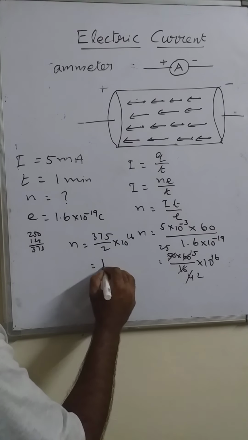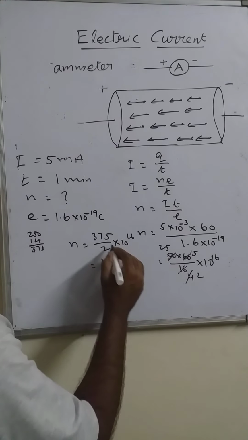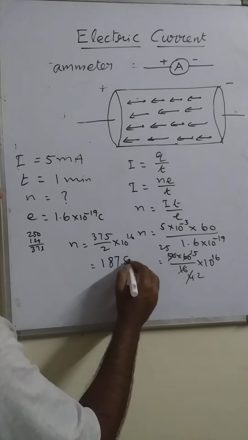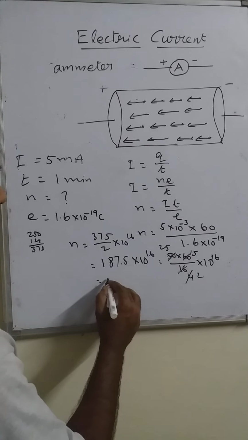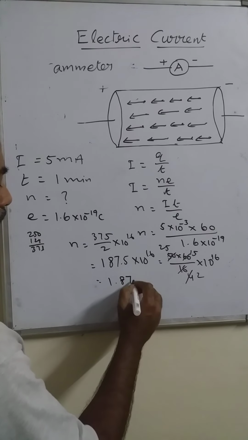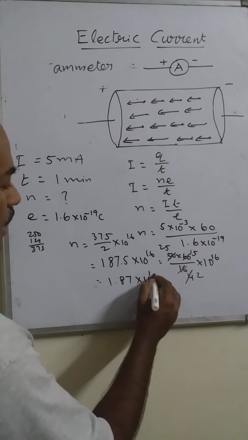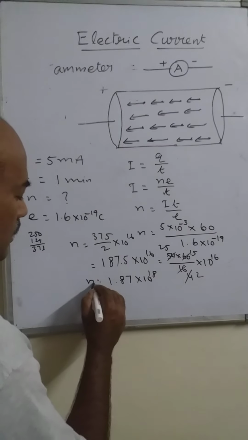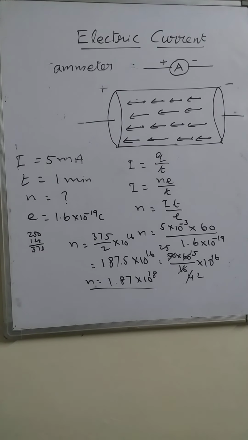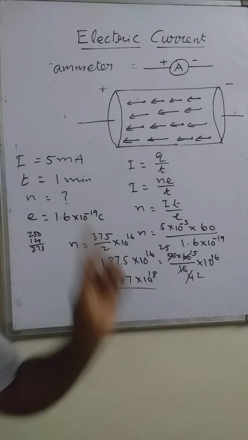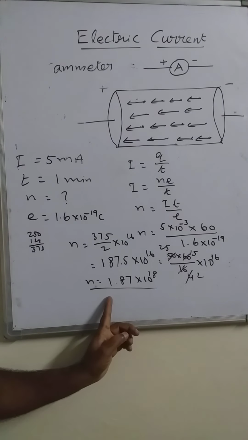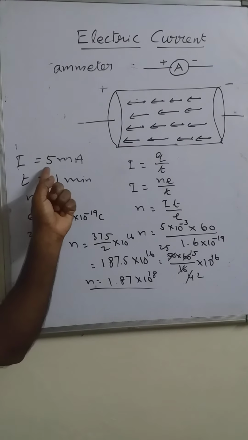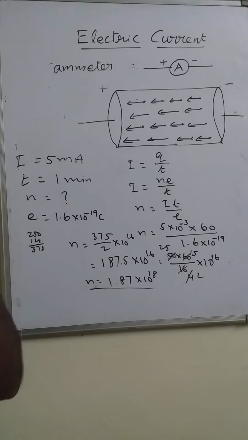And this comes to 187.5 into 10 to the power 16, or you can write it as 1.87 into 10 to the power 18. This is the number of electrons that cross the conductor when 5 milliampere current flows for 1 minute.